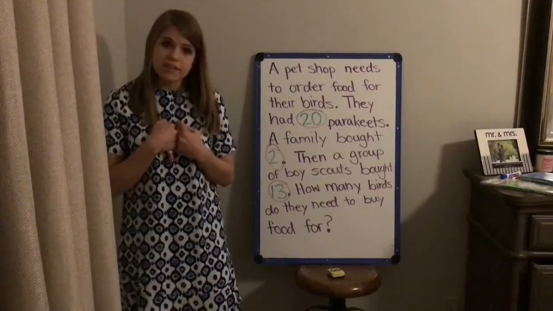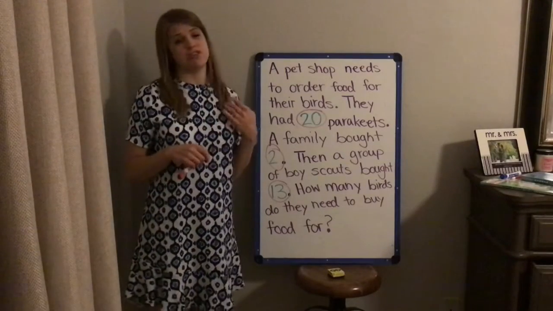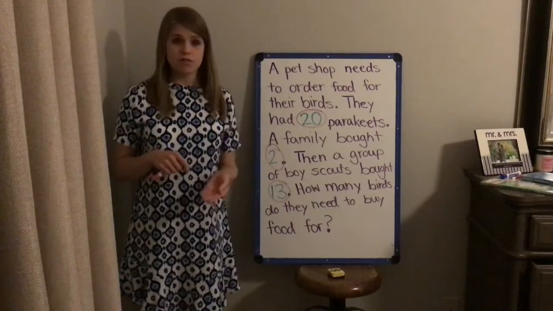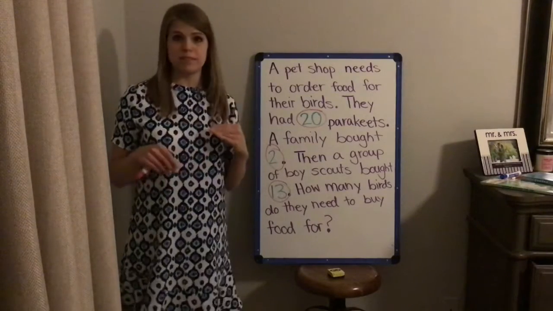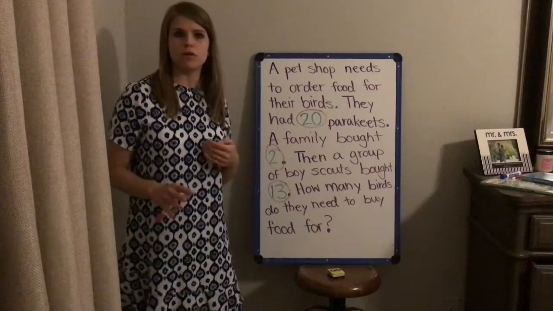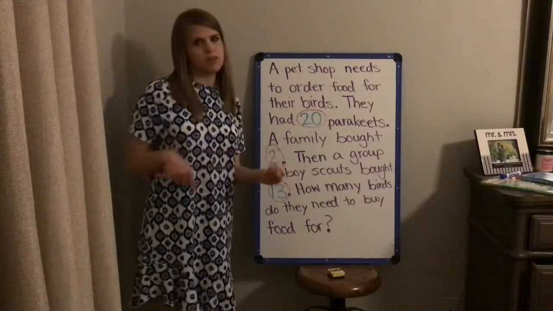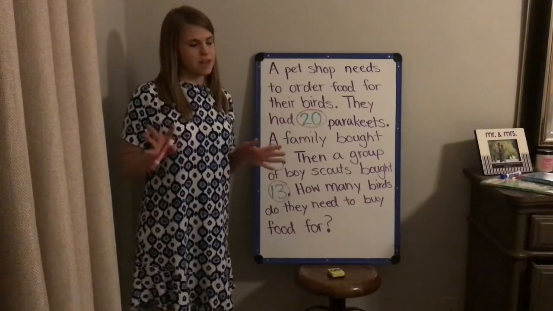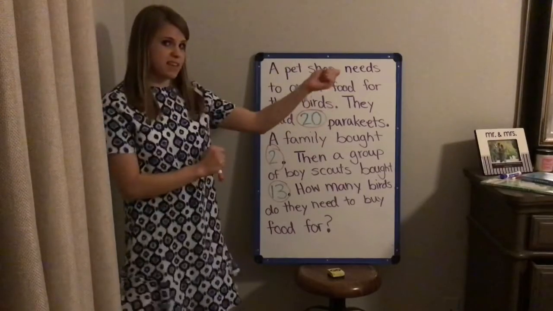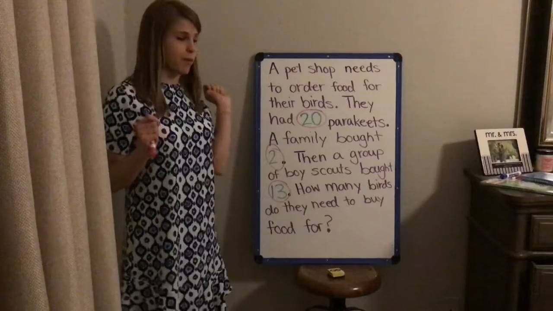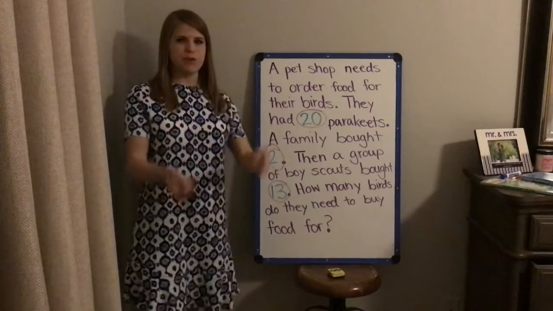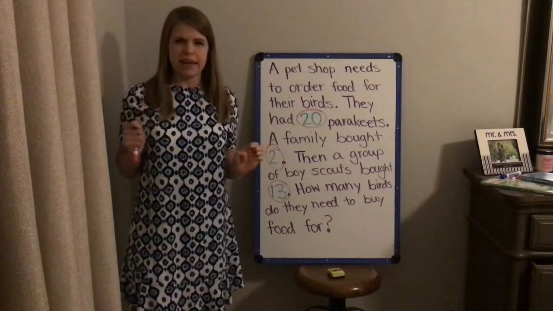Now, the way I'm going to solve this problem today is I'm actually going to draw a picture. You can also draw a picture along with me, or if you have some kind of objects, maybe like cereal or noodles or something close by, you can also use that to help you count out. So, I'm going to flip this to the other side because there's so much information. It took up our whole board, but I'm going to think about how many I need to start with.